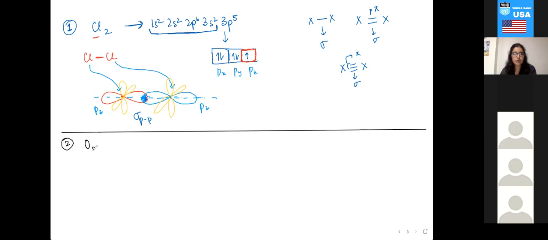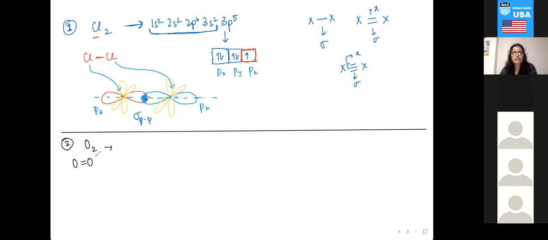Now look at oxygen. The O2 molecule. What is the structure of the O2 molecule? What kind of bond is present between both the oxygen atoms? Double bond, right?